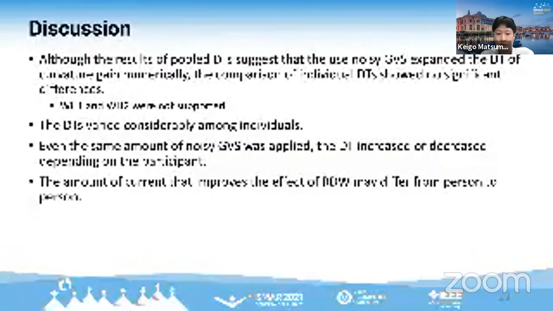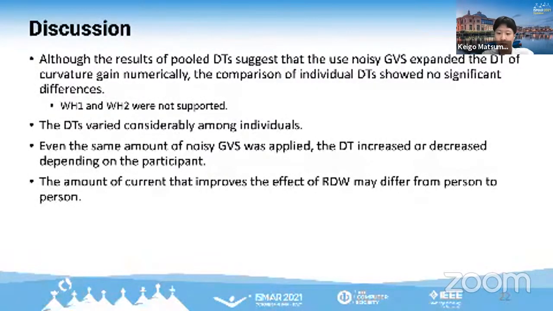And we also found that detection thresholds varied considerably among individuals. Moreover, even when the same amount of noisy ZBS was applied, the detection threshold increases or decreases depending on the participant. So from the result, we think that the amount of current that improves the effect of redirected walking may differ from person to person.